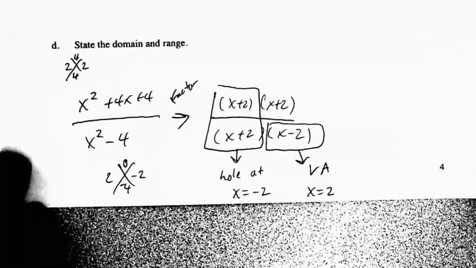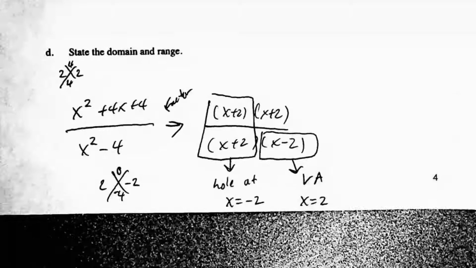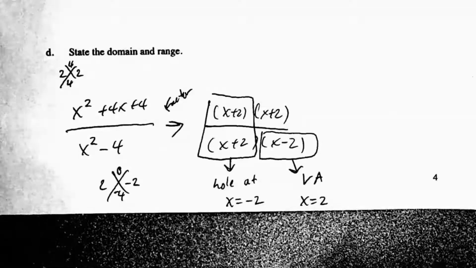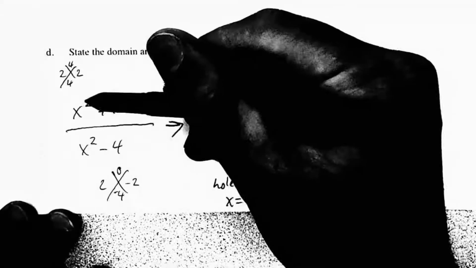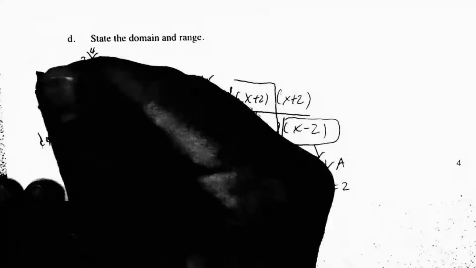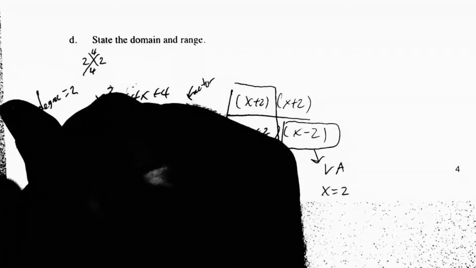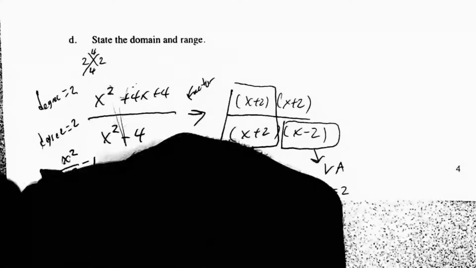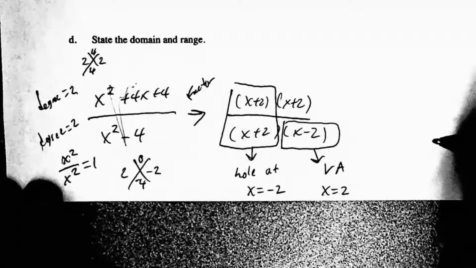So the horizontal asymptote, if you remember from toolkit 1.2, there are 3 conditions. If the degree, so remember degree is the exponent, in the top and the bottom are the same, so you have degree 2 and degree 2, you divide those highest exponent terms, and the result is the horizontal asymptote.